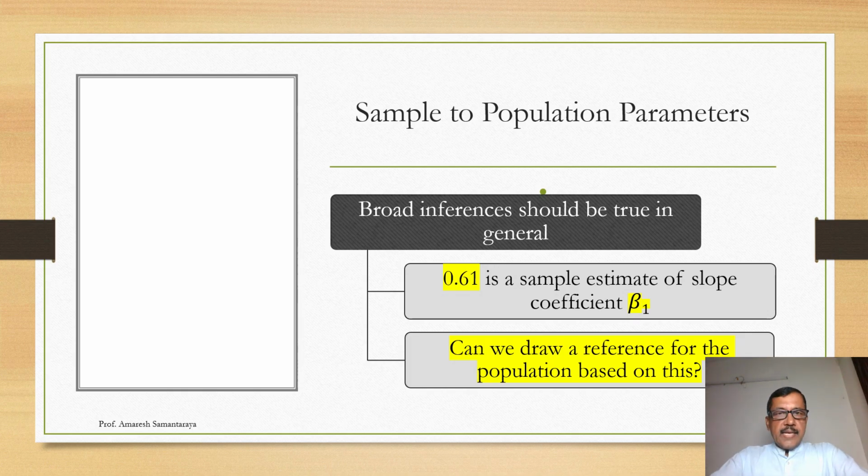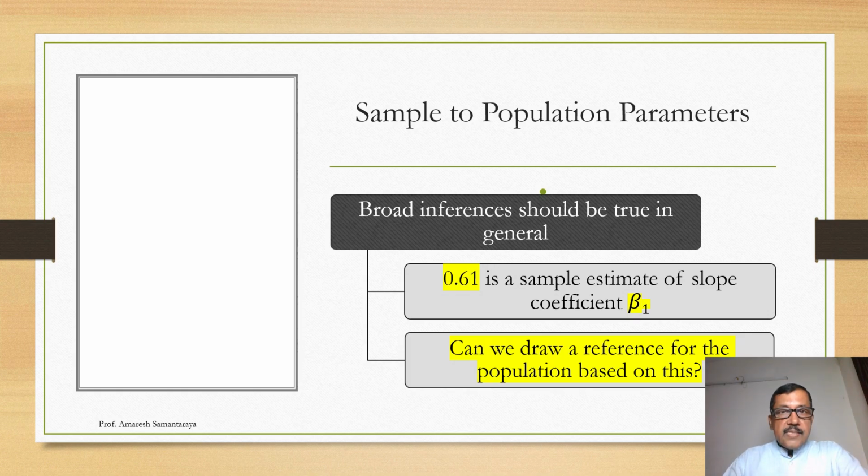Now the important thing is, in econometrics we are using data from a sample and getting the estimates of beta 0, beta 1. Like in the previous example, I got the estimate for the slope coefficient as 0.61.